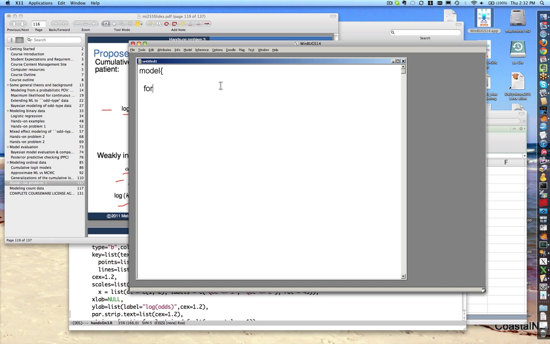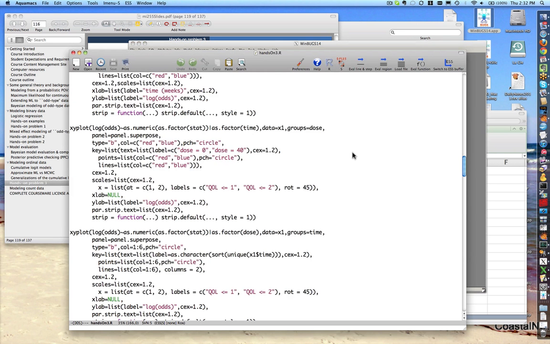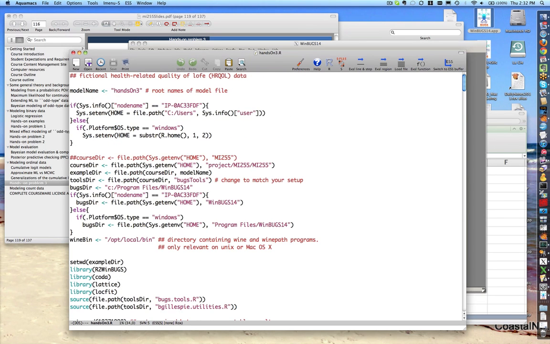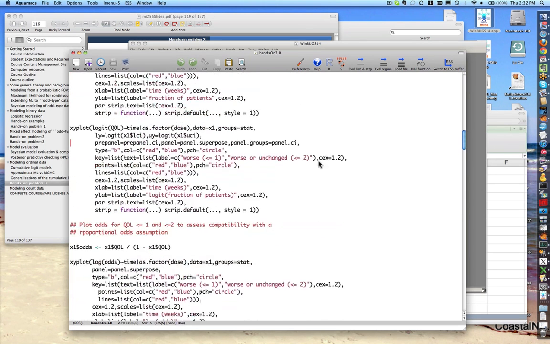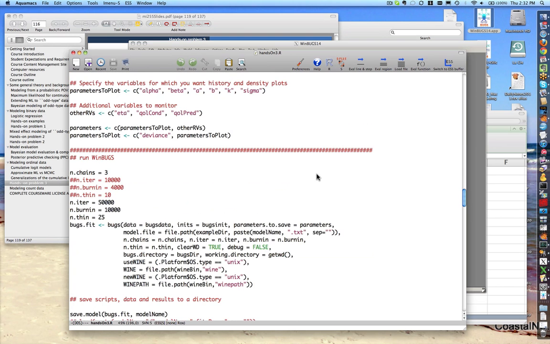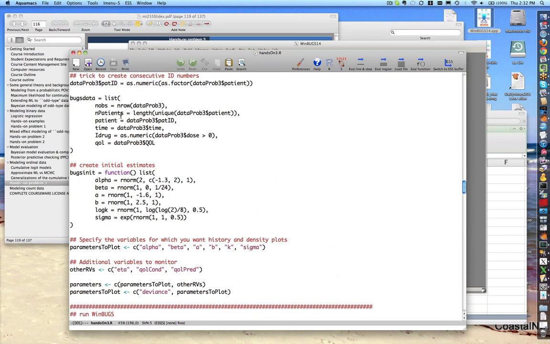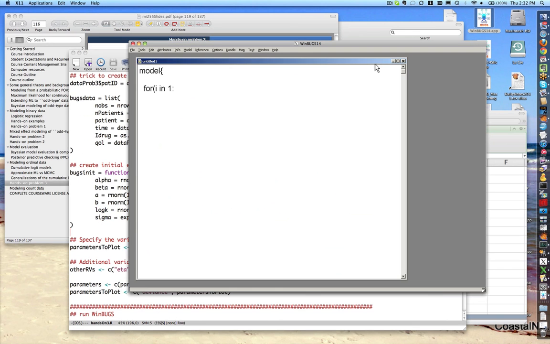Let's say for i in 1 to, what did we call it in our script here? Did I call it nPatients? Okay, going too fast. nPatients with a capital P.